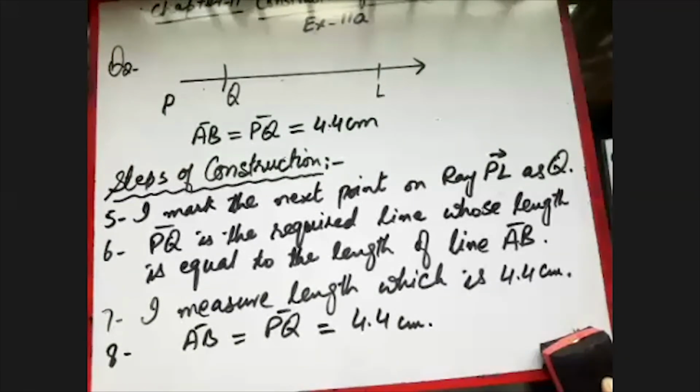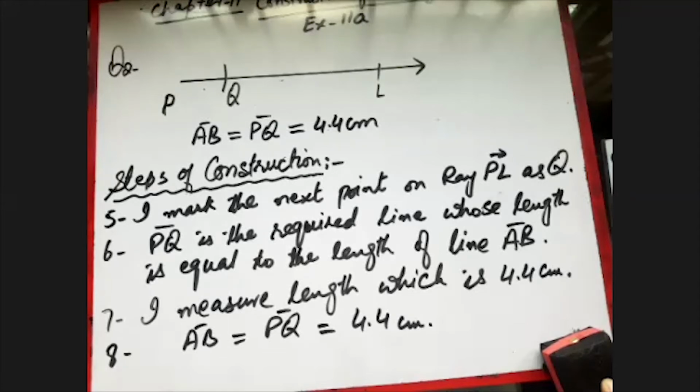The third question is, draw XY whose length is equal to the sum of the lengths of AB and CD shown in the given figures. You have two lines in the book. Measure their length with the help of ruler, and again draw a ray with the free hand, and you will bring both the lines on the ray.